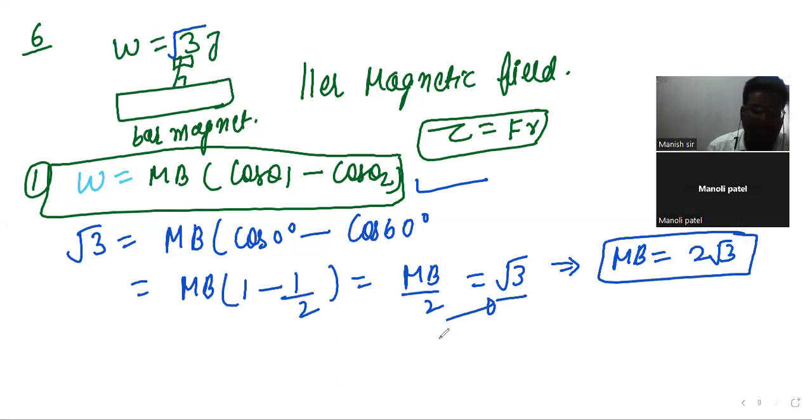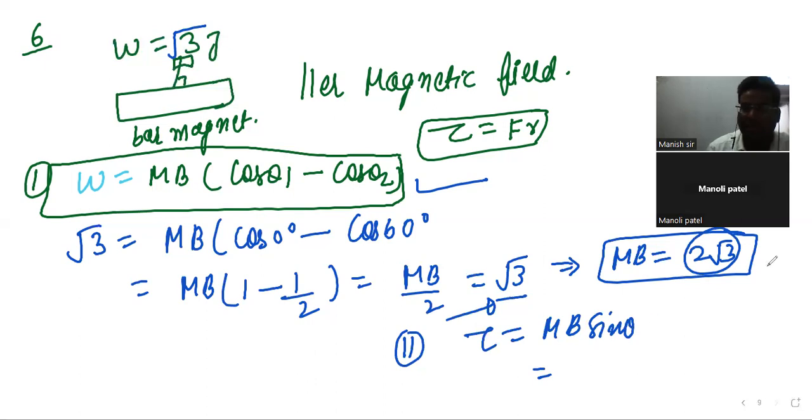Right. So as we know the torque formula, initially I have given you in the magnetic field, torque is nothing but MB sine of theta. Now put this MB value here from the first equation in the second. So it is 2 root 3 and sine we know, that is 60 degree.